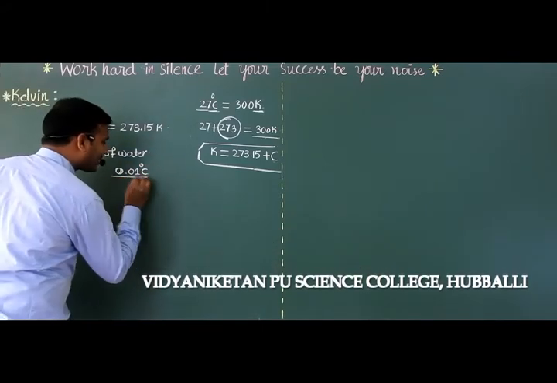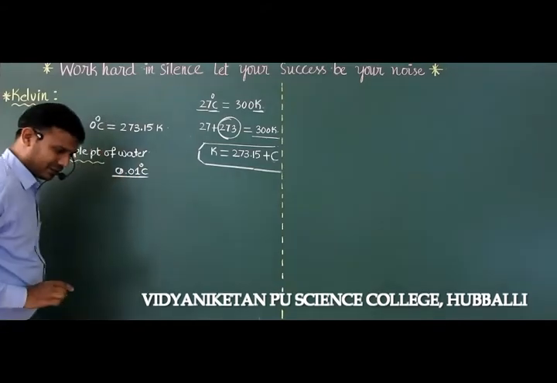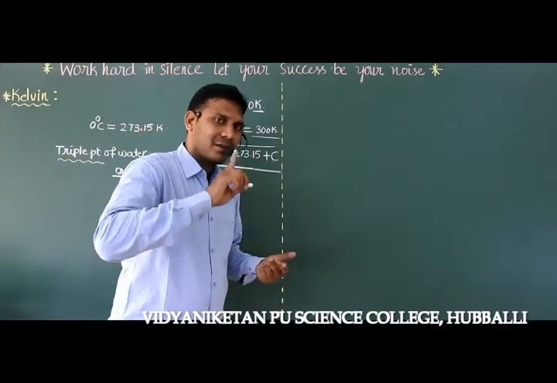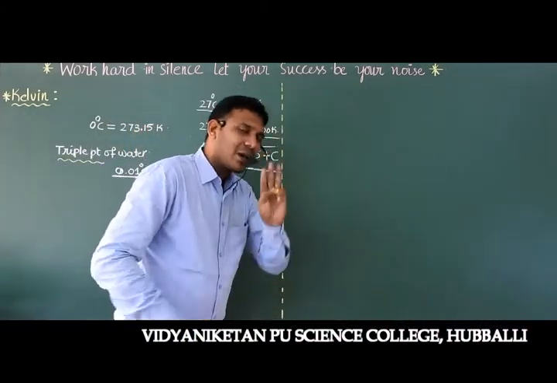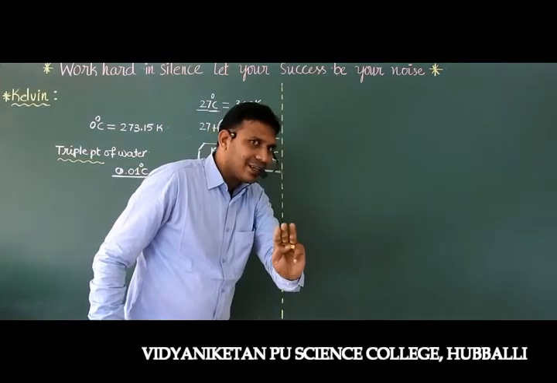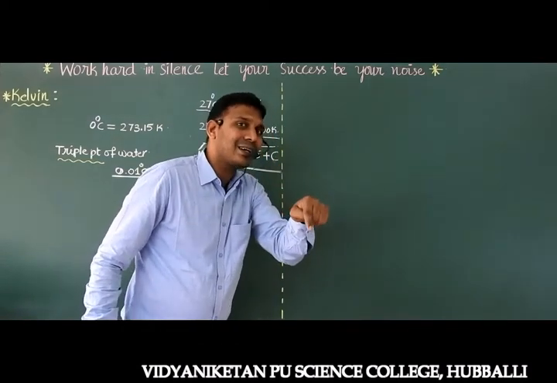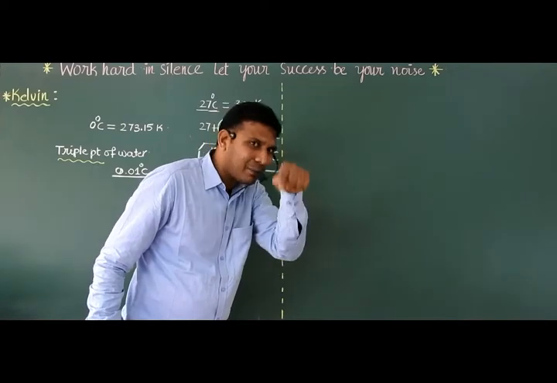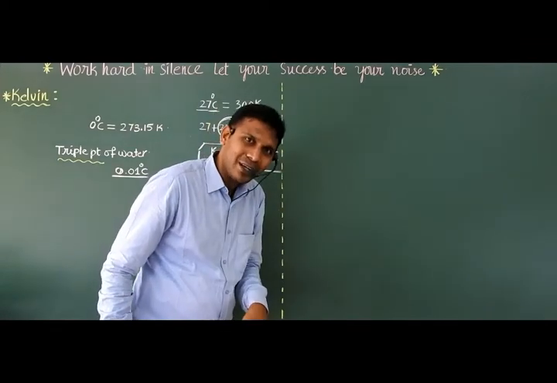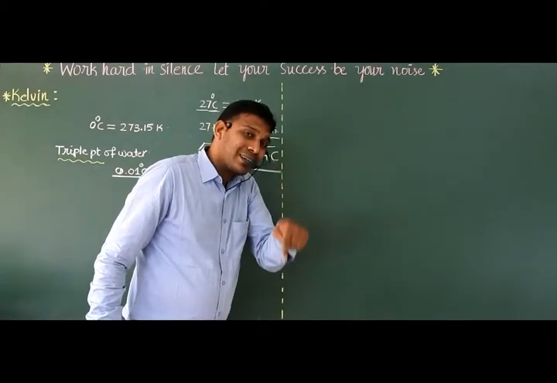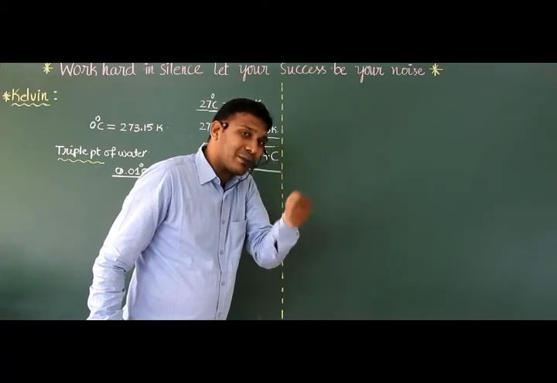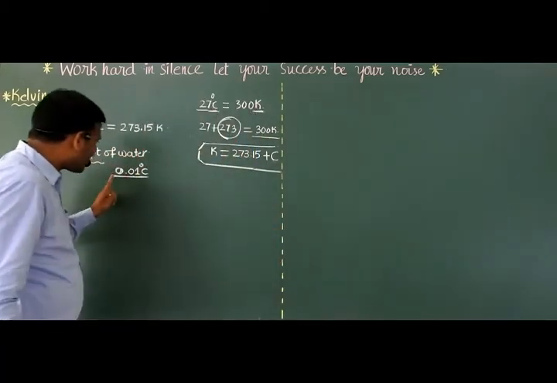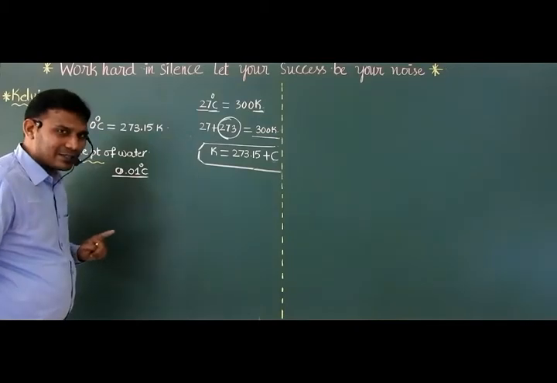At this temperature, ice, water, steam, all these 3 coexist in equilibrium. That point is known as a triple point. The corresponding temperature of the triple point of water is 0.01 degrees Celsius.